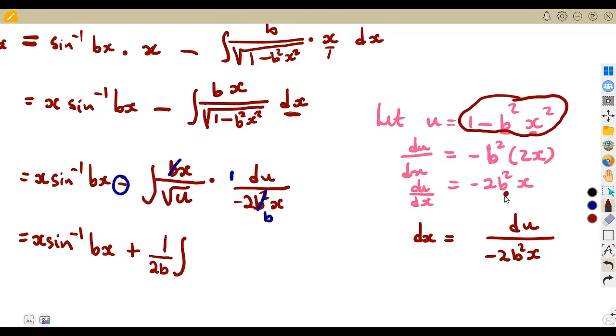Remember, b is a constant. It's just like a number, like a 2, like a 3. It's not x, so you take it out of the integral. Then what you remain with is 1 over the square root of u, which is the same as u to the exponent of minus half. Remember, 1 over is to the exponent of a negative. The square root means to the exponent of a half, but the 1 over is to the exponent of what?